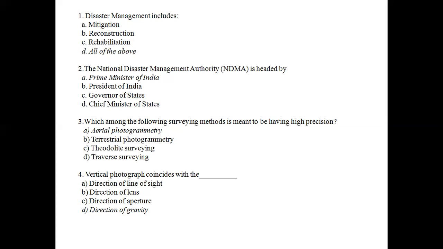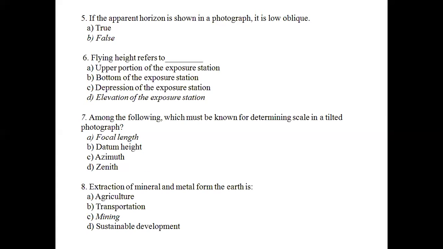Vertical photographs coincide with the dash, whether it is the direction of the slide, direction of the lens, direction of the aperture or direction of gravity. You have to find the correct answer for that. Next question, if the apparent horizon is shown in a photograph, it is a low oblique photograph. Whether the statement is true or false, you have to identify.